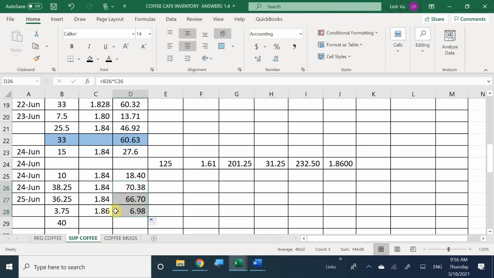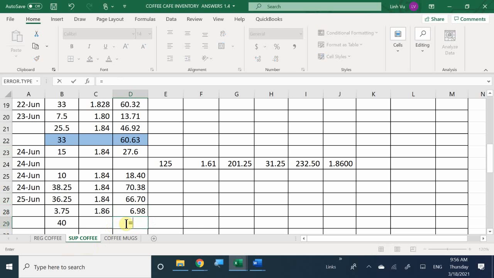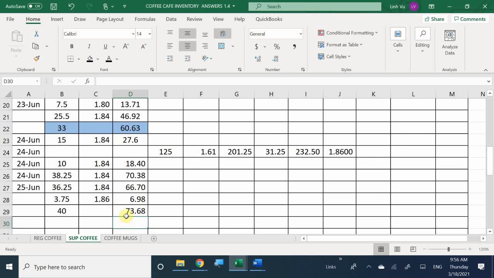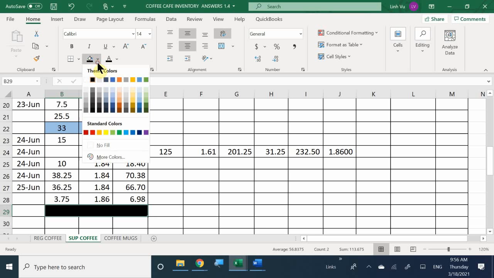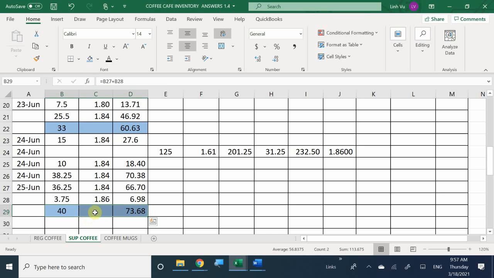Okay, so 66.70 and then $6.98, giving us a grand total of 73.68. So 40 pounds at 73.68.